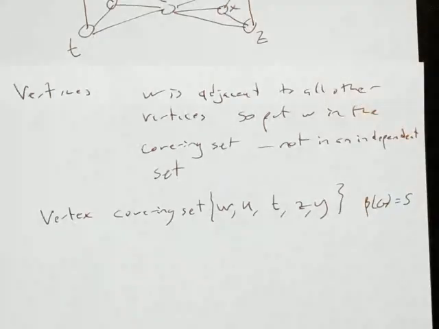And that tells me right there that alpha of G is 2. The most independent vertices I can get.